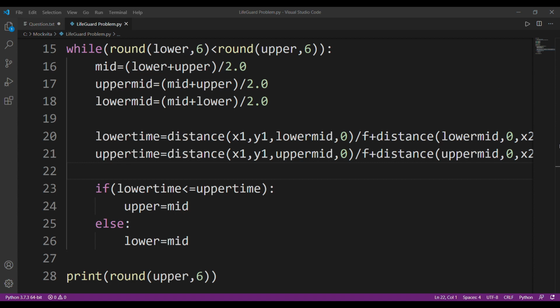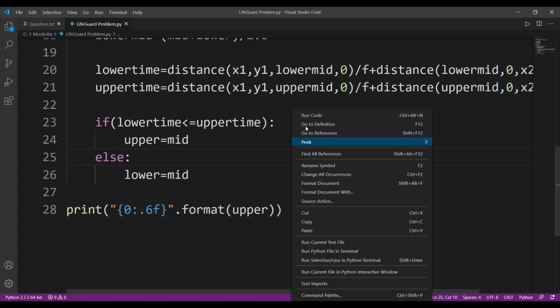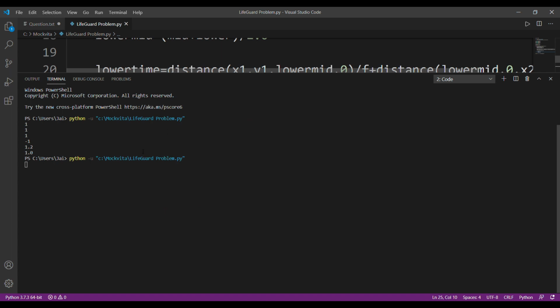If I need to do my precision formatting, I'll just use my format function. Since I'm using Python, I'll use a format of 0.6, and I'll format my upper value, since they have specifically mentioned this point.